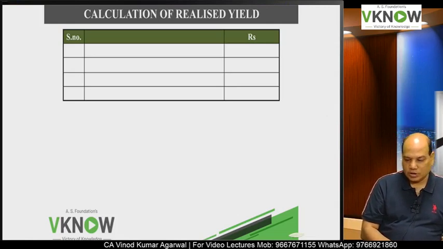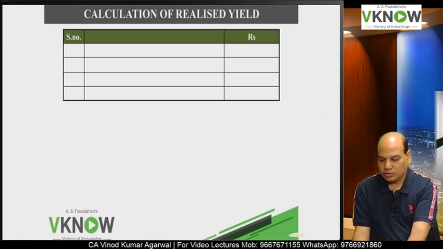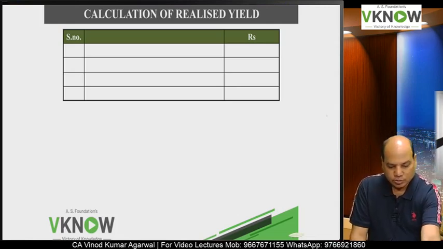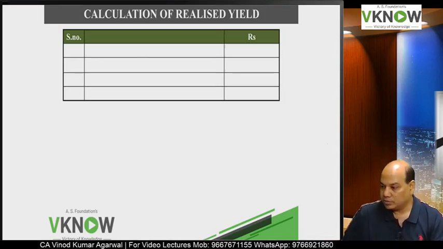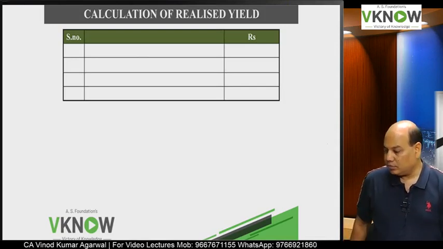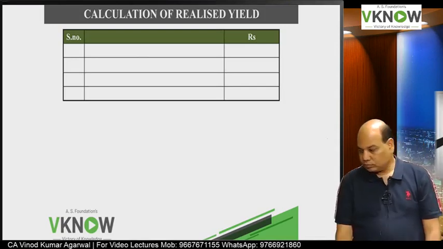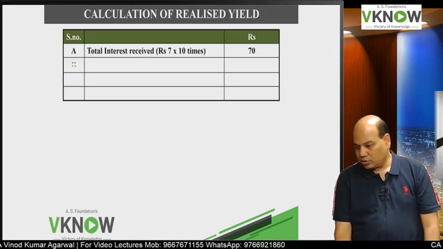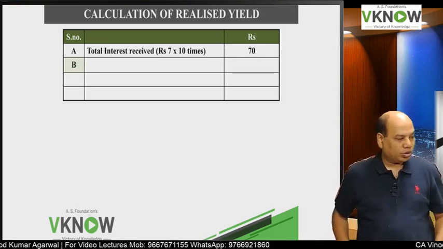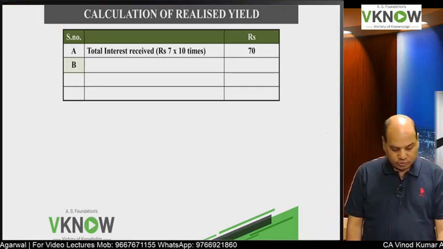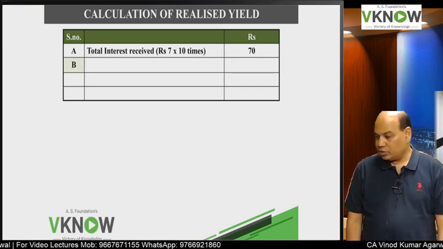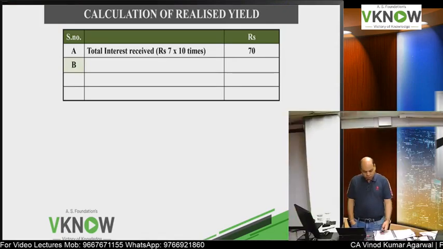Very easy question, but very good question because it has tested several things in one problem by giving a semi-annual bond. So write down calculation of realized yield. First we'll write total interest received, 7 into 10 times.